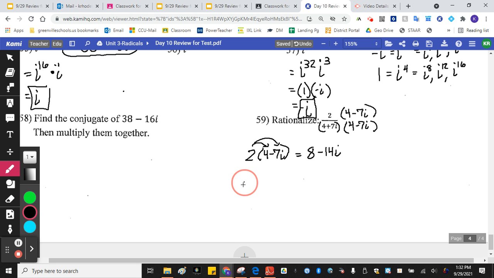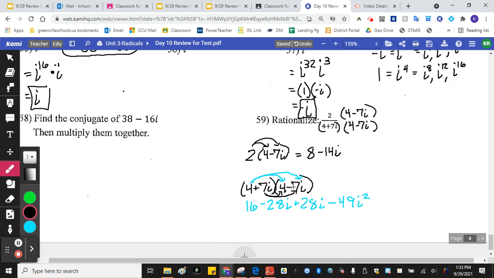And then the bottom. 14 minus 28i plus 28i minus 49i squared, just by distributing.